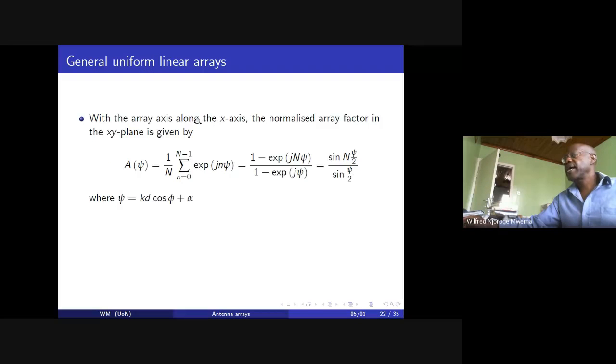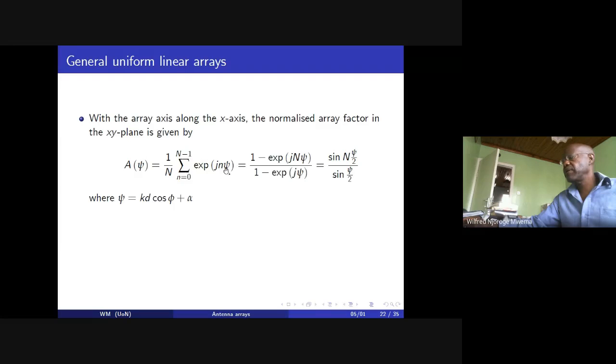And with the array axis along the x-axis by assumption, the normalized array factor in the xy plane will therefore be given by A of psi equal to the sum over the number of elements that we have, multiplied by that phase shift factor and divided by the total number of elements.